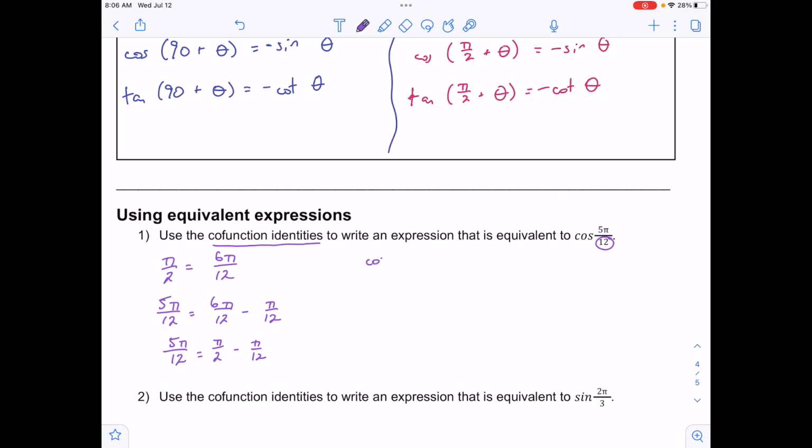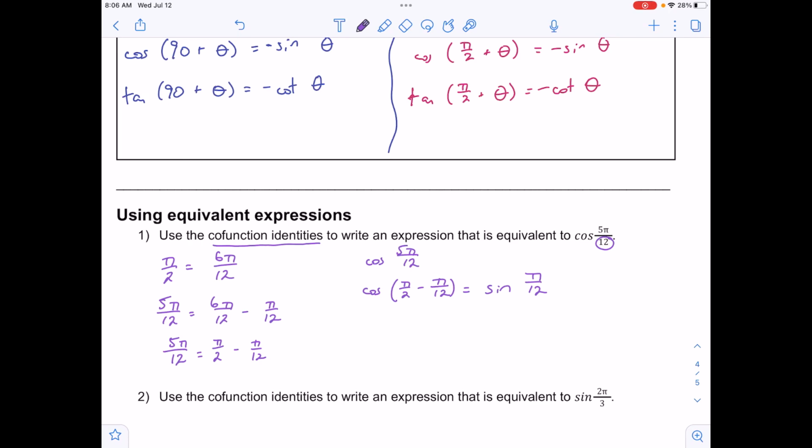Well, the question is asking us to find an equivalent expression for cosine of 5 pi by 12. And we said that 5 pi by 12 is the same thing as pi over 2 take away pi over 12. Well, that's like our Q1 pattern, right? We had cosine of pi by 2 take away a number, and what did that match with? It matched with sine of that number, that angle, which was pi by 12.